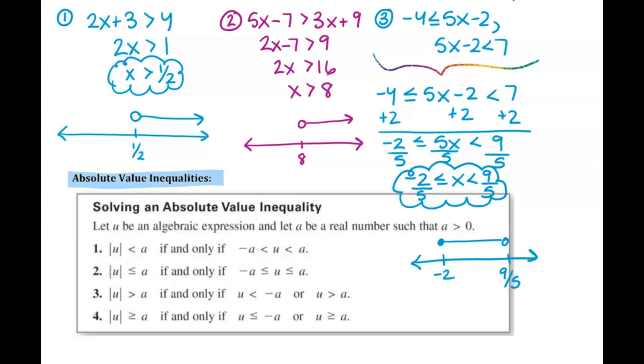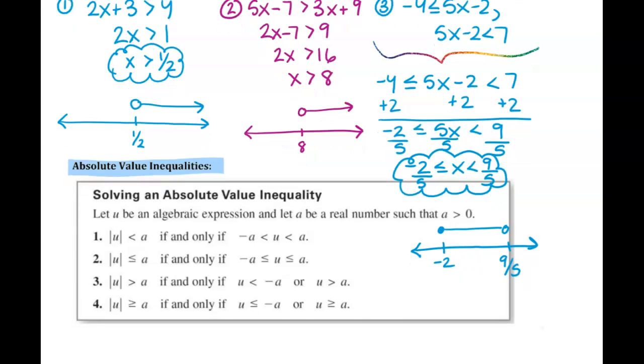Absolute value inequalities. With the letters, this works fine, and you can look at this if it helps, but otherwise I'm just going to show you examples to show you how these properties work.